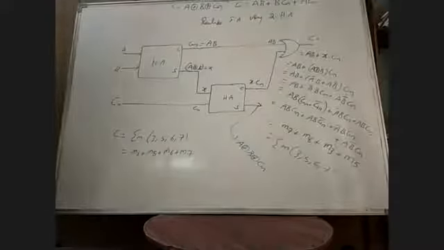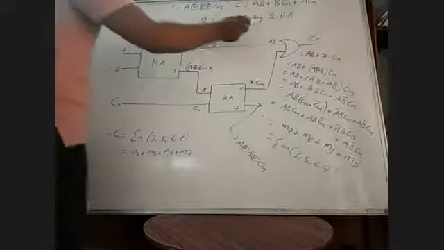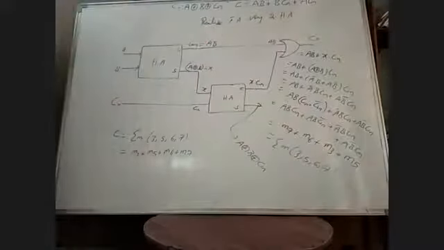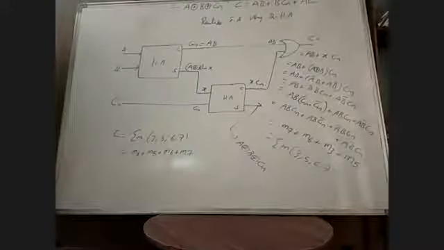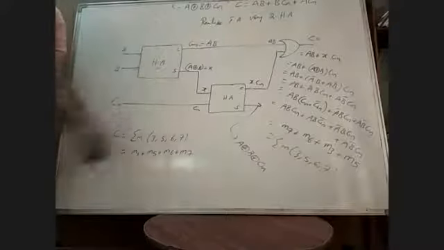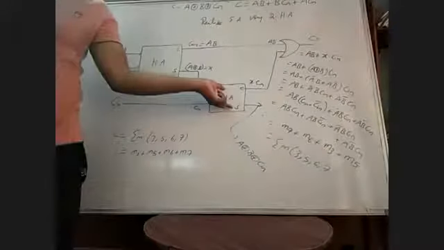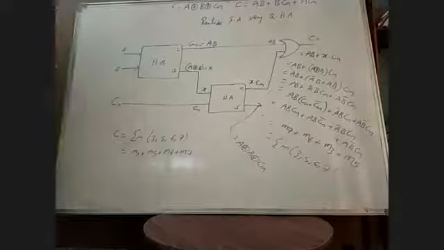Now, full adder using two half adders. I can replace this half adder with an XOR and AND gate. I can replace this half adder using an XOR and AND gate.